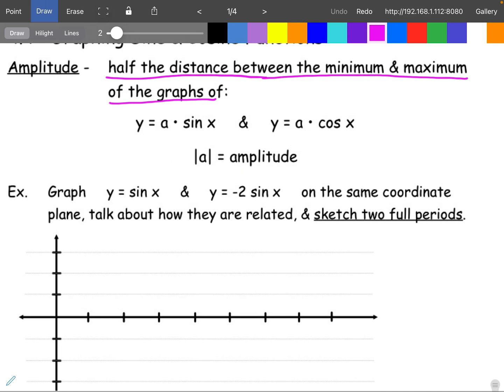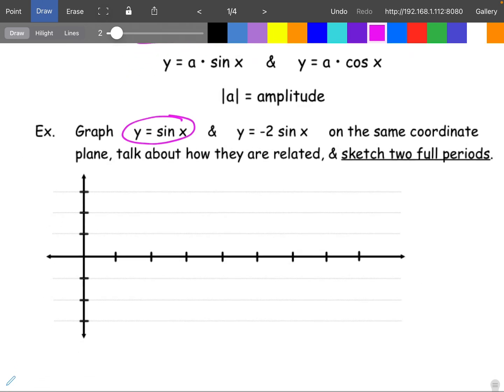So what we want to do now is take our basic sine function that we just graphed on the other page, and then graph the transformed function. Now, the only difference between my parent function and my transformed function is this -2 in front. So we know the negative is going to reflect the graph, so it's going to be upside down.